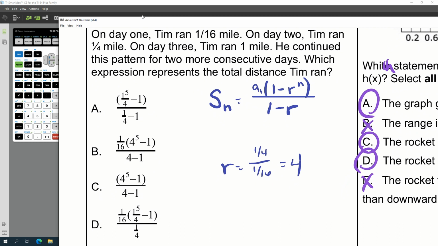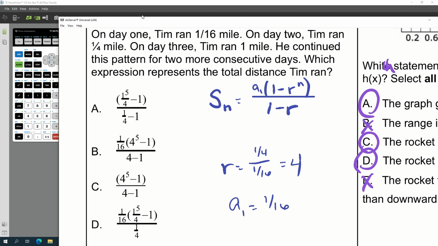All right. I can kind of already see what it is. They have their order different than ours, though, but it's not going to end up mattering in the long run. So if R is 4 and A sub 1 is the first term, which is 1/16th, which choice do you guys think it is? Even though the 1 and the R are switched.